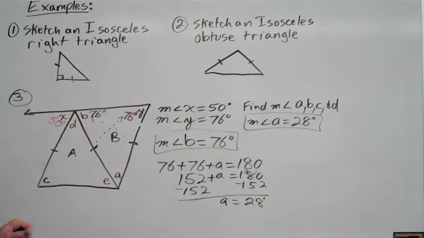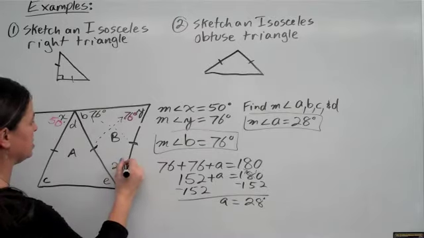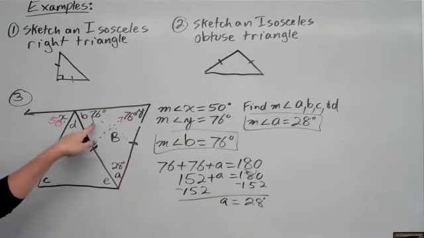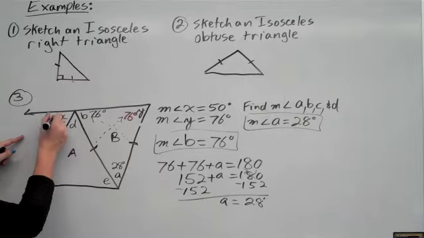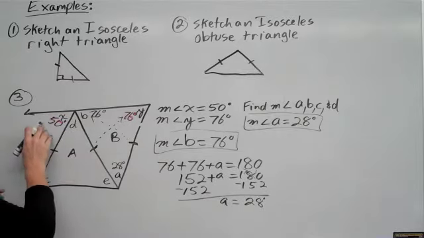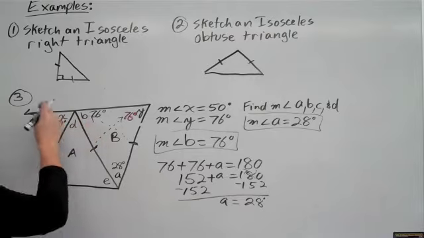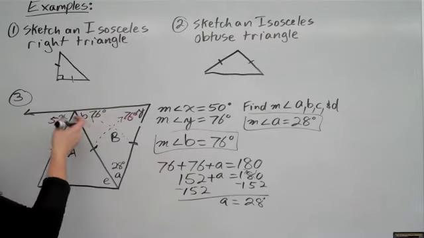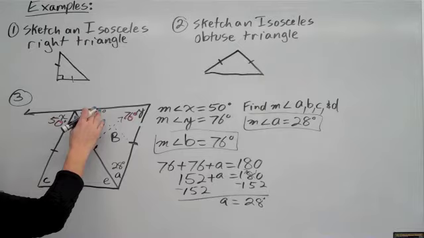So we've got A, we've got B. What else do we need? I have this as 76, I have this as 50 degrees, and I'm missing angle D. What do I know about angles X, D, and B? They're supplementary. They're three angles, but they all add up to 180.